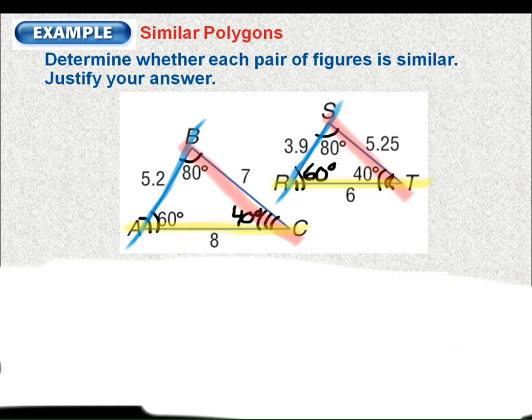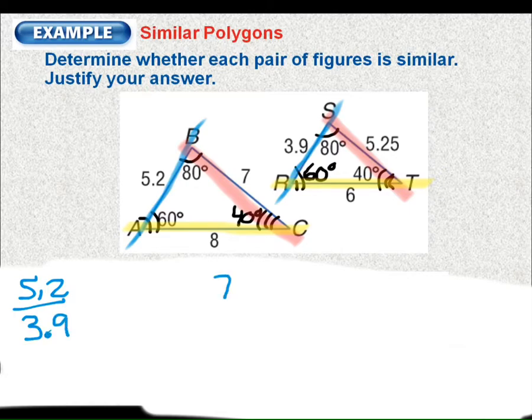So I'm going to check those 3 ratios to see if they're proportional. It doesn't matter if I start with this one or if I start with this one. I just need to keep it consistent. So I'm going to check, is 5.2 to 3.9, what is that ratio?